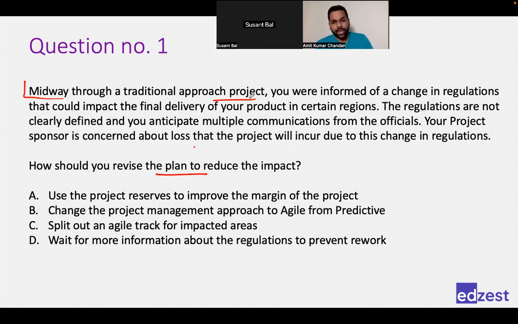In everything, not just the risk register: stakeholder register, any project management plan, any document, WBS, whatever we are using. These all documents will be updated, will be revised throughout the project. Even if we are talking about a traditional approach project, because there will be little bit of changes, little bit of mistakes, there will be issues that we will face, there will be new risks that we will be identifying. And for all those reasons, every document, there may be 1 or 2 exceptions, but other than that, every document will always be revised and updated throughout the project.